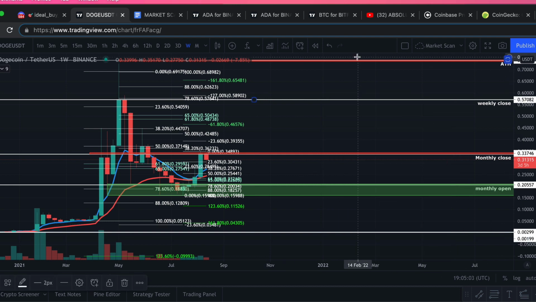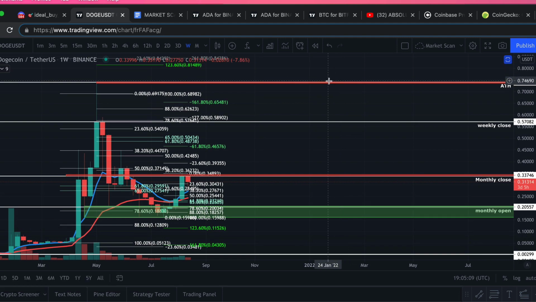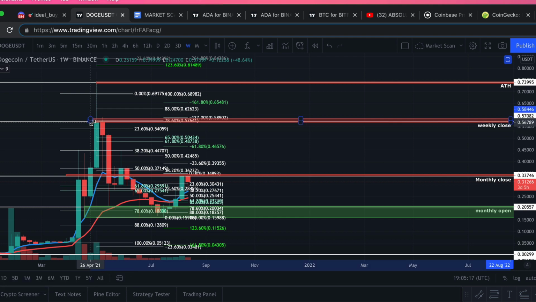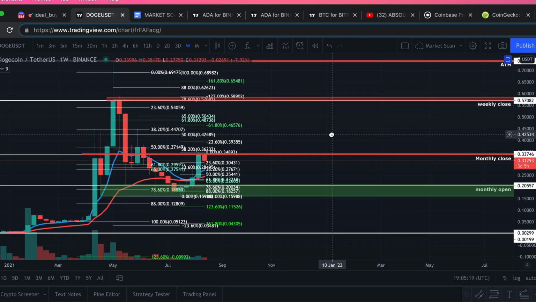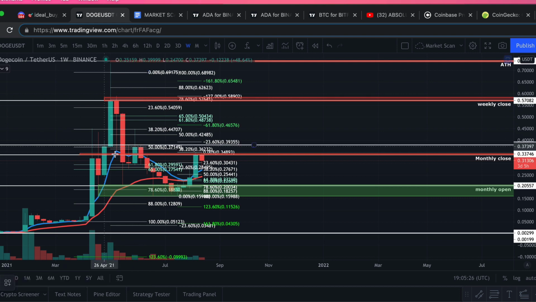This is a weekly close, so of course put that there. This is a really big weekly resistance level right there.